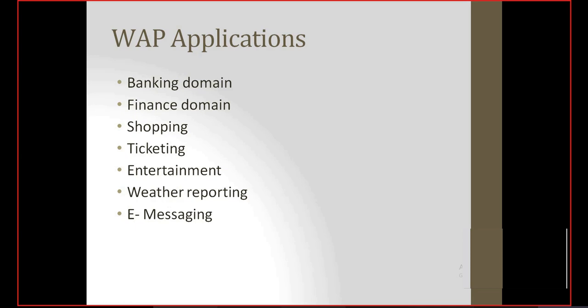So when we talk about mobile banking, when we talk about any financial apps that we use through the mobile, shopping web pages, ticketing, that means booking of a ticket for entertainment purposes, service related portals like for the weather report, e-messaging, everything, web protocol has an application in each of these domains. Okay, so this was all about the WAP.